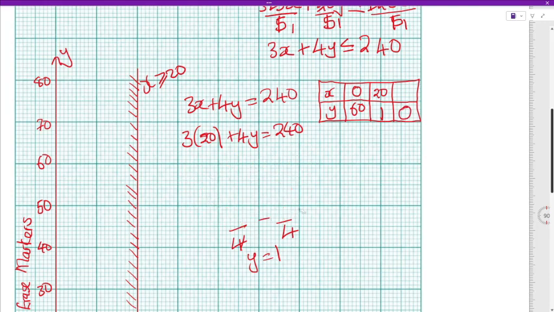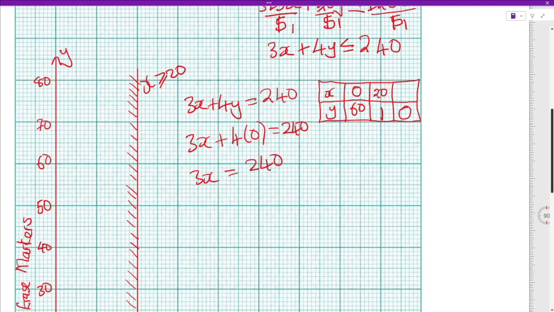I usually test for x, but I need to show you that you can also test for y. So I'm going to say 3x plus 4 times 0, because we're testing that y is equal to 0. So we're going to say 3x is equal to 240, because 4 times 0 is 0.